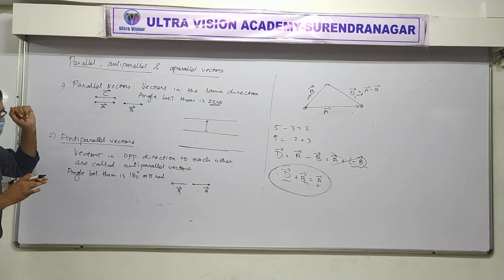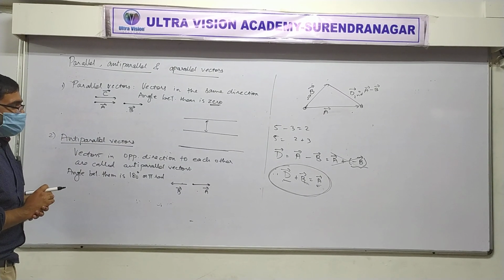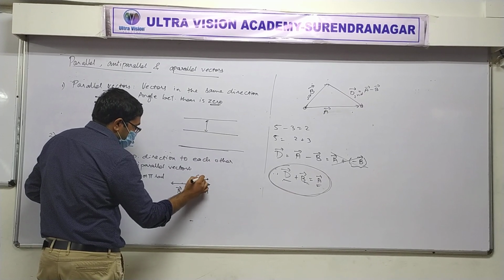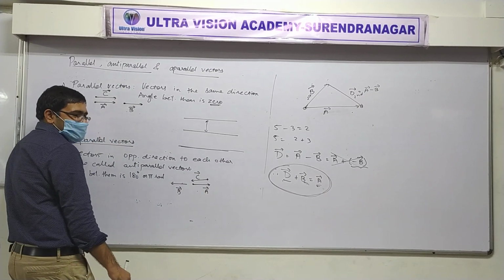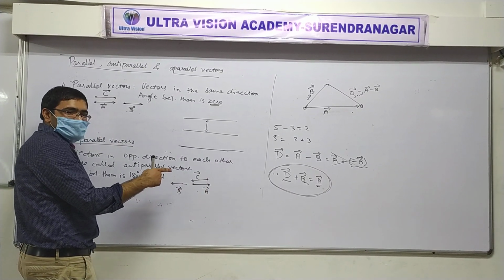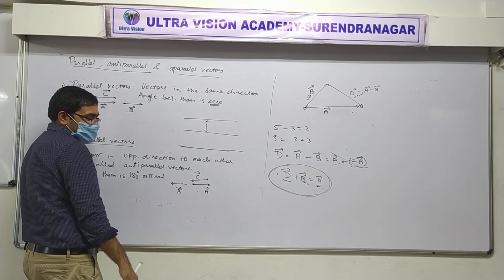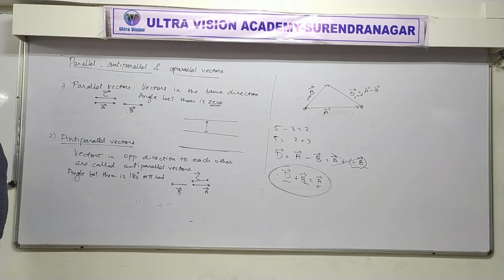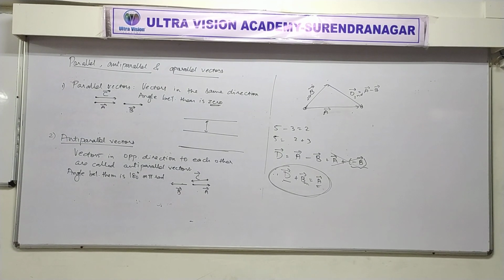This is an example. If I draw vector C here like this, are A and C vectors anti-parallel or parallel?